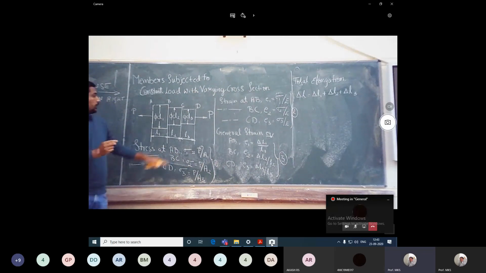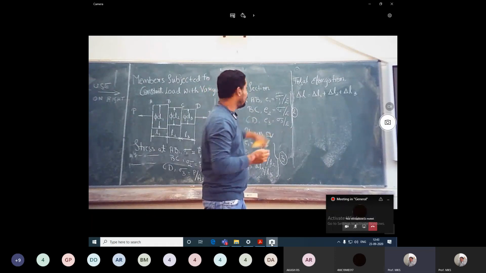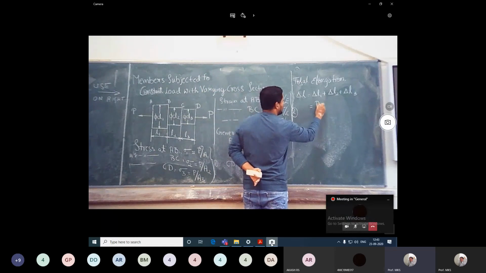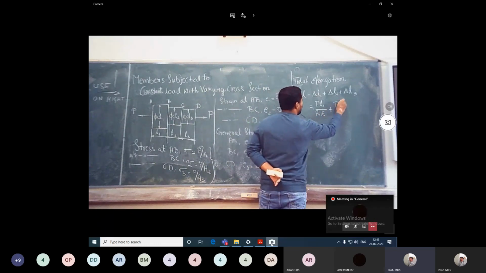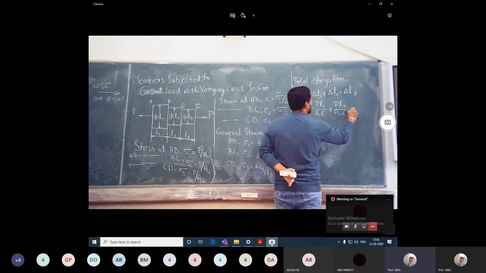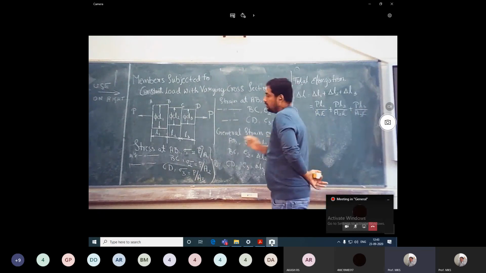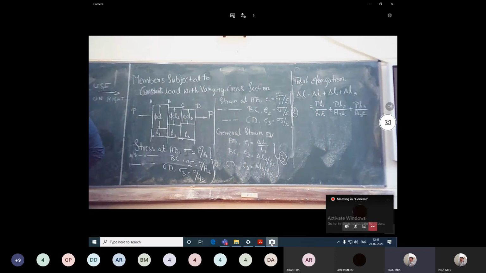So considering equation 1, 2, and 3, you know that the general expression delta L can be given as PL by AE. So it is equal to PL1 by A1E plus PL2 by A2E plus PL3 by A3E. So from equation 1, 2, and 3, substituting, you will get the final expression as this.